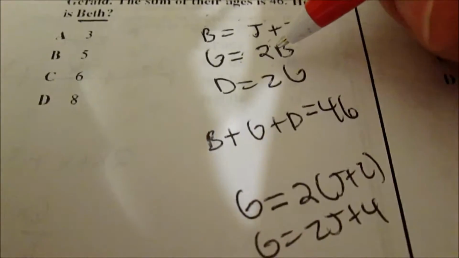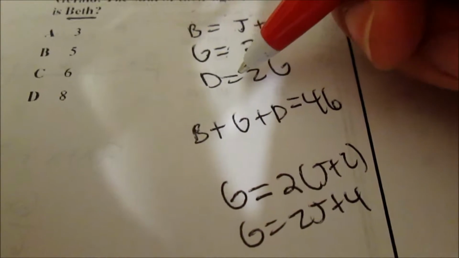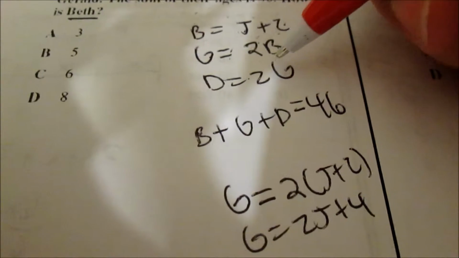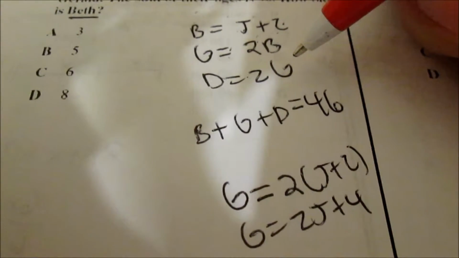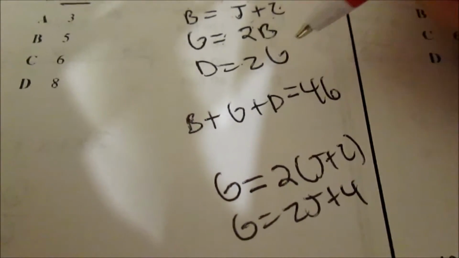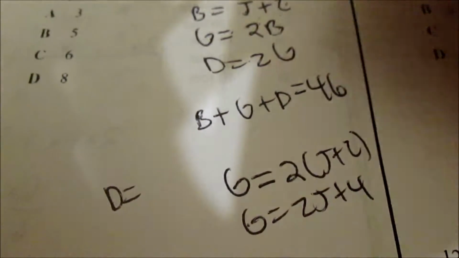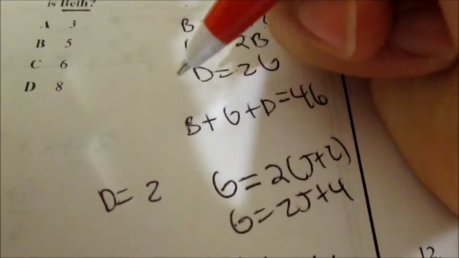Now, here, D equals 2G. And what I have is what G equals right here. So I'm going to write it over here so I have space. D equals 2G.